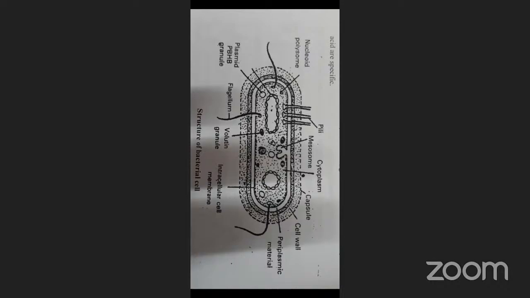There is no true sexual reproduction in bacteria. The genetic material is DNA. So what about viruses? A virus contains DNA or RNA as genetic material. Suppose the virus contains DNA as its genetic material, then RNA is absent. If RNA is the genetic material, DNA is absent.